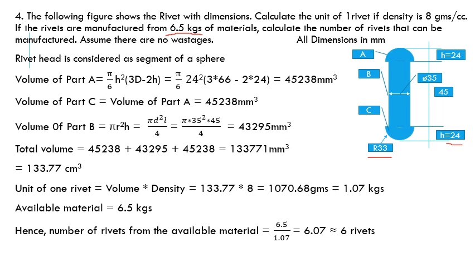Once you identify that, go on calculating the volume of each and every part, and then either you add them together, or if it has a hollow part, subtract that hollow part from it. In that way you arrive at the total volume of that particular part.